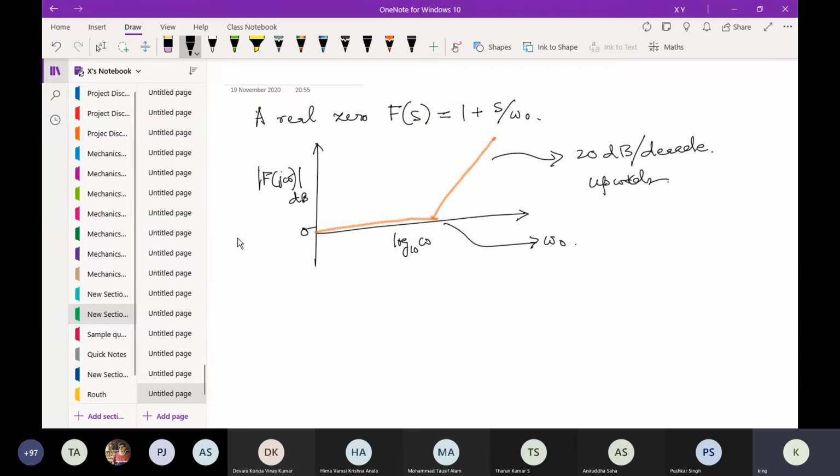And likewise, when you are looking at the phase plot, you are going to see something that will look like this, but signs reversed.